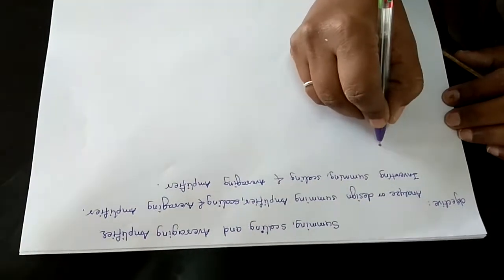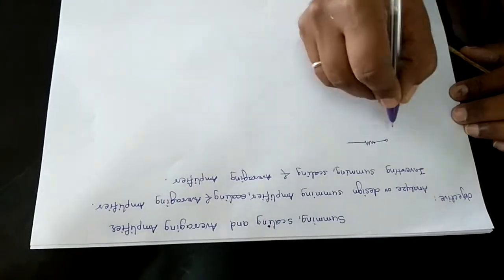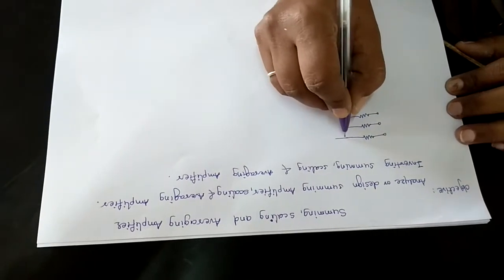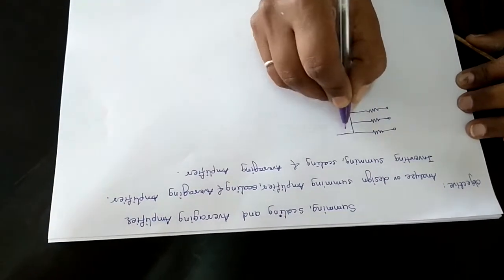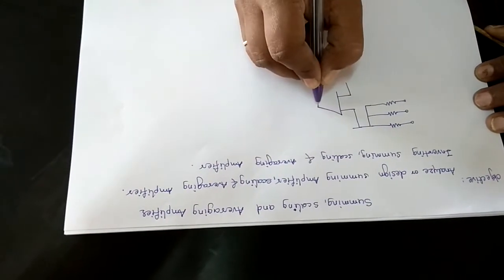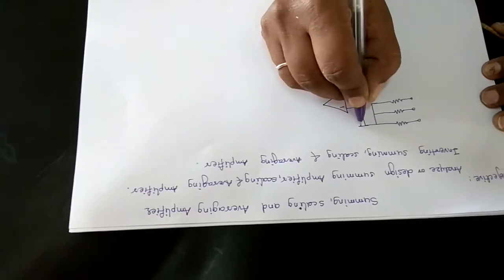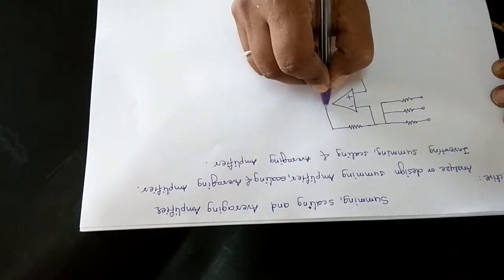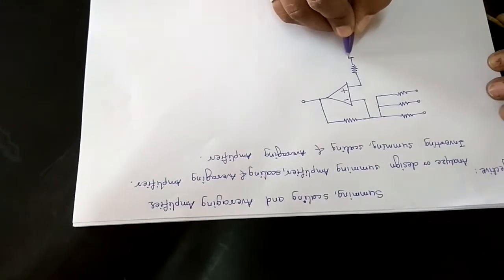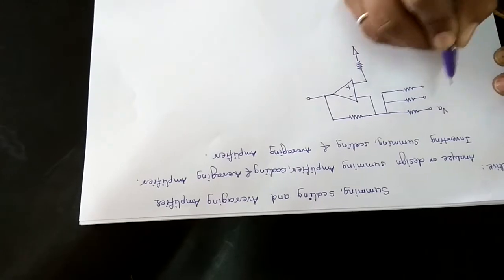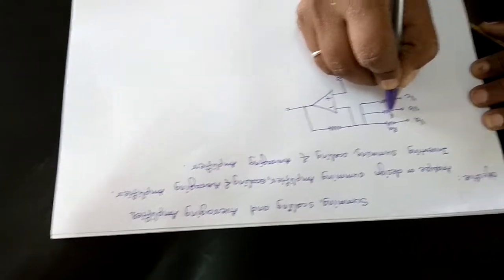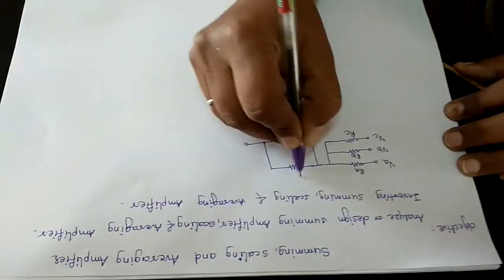So we are providing more than one input to the inverting input terminal of the op-amp. The input signals are VA, VB, VC with series resistors RA, RB and RC.